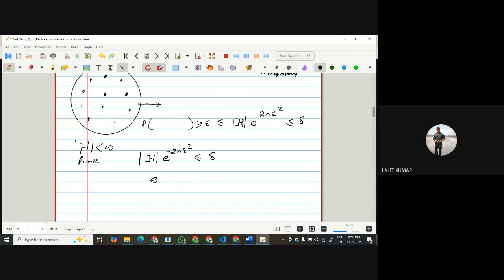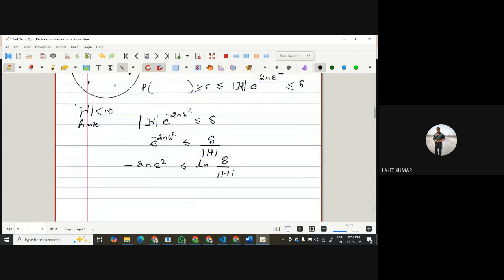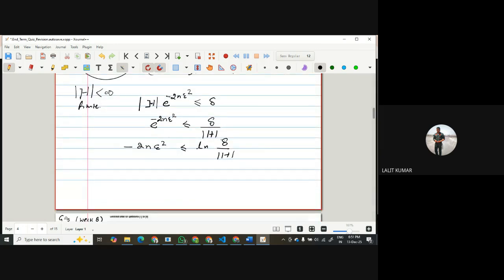This becomes e to power minus 2n epsilon square is less than delta by finite h. If we take natural log of both sides, then it becomes 2n epsilon square less than or equal to log delta by h. If we make the signs opposite, then it becomes 2n epsilon square greater than minus ln of delta over h.